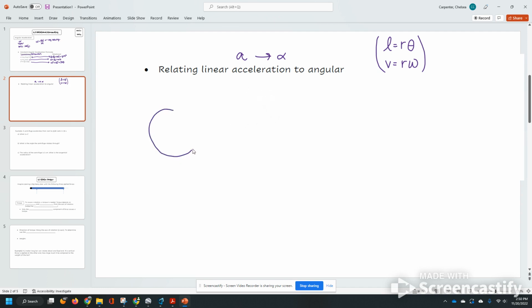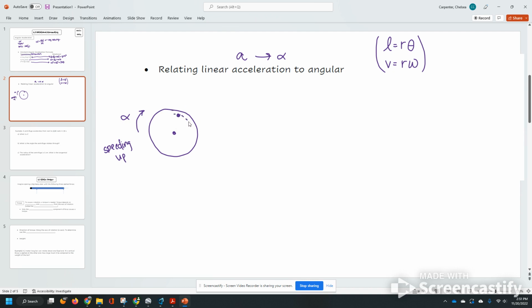So let's say I've got something that's rotating. Let's say we've got a disk that's rotating in this direction around some central point. And let's pick a point on this rotating object. So if we're accelerating, we have some angular acceleration. Let's say we're speeding up. This point right here is also speeding up linearly, and it's going to be along a tangential path.